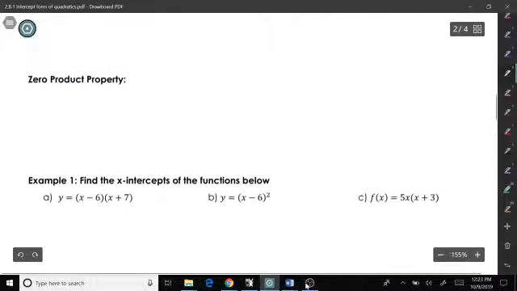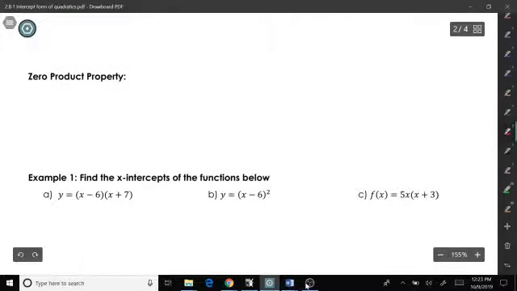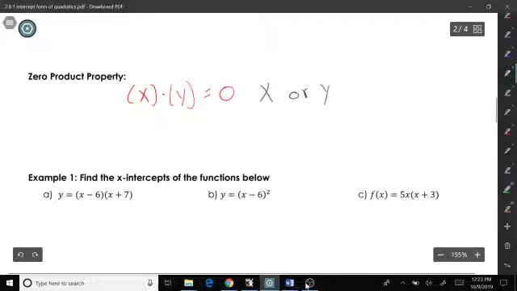So the zero product property, we just have to touch base on this real quick. Basically, it's saying if I have two things, say x times y equals 0, this means x or y must be 0. Okay? Because think about it.